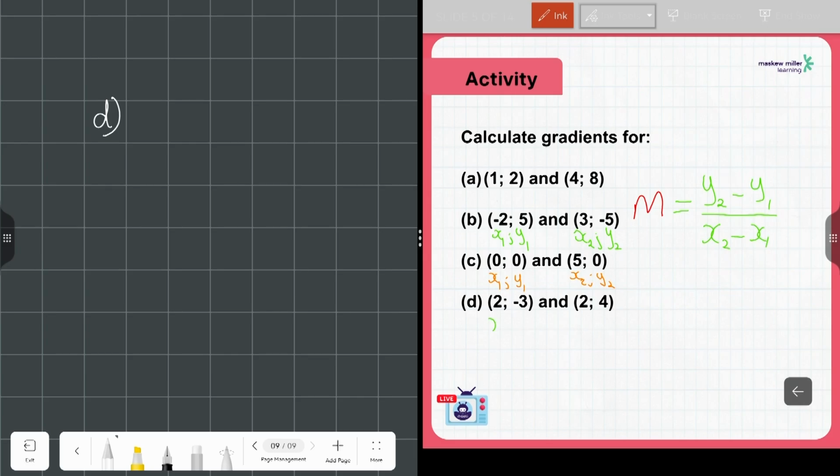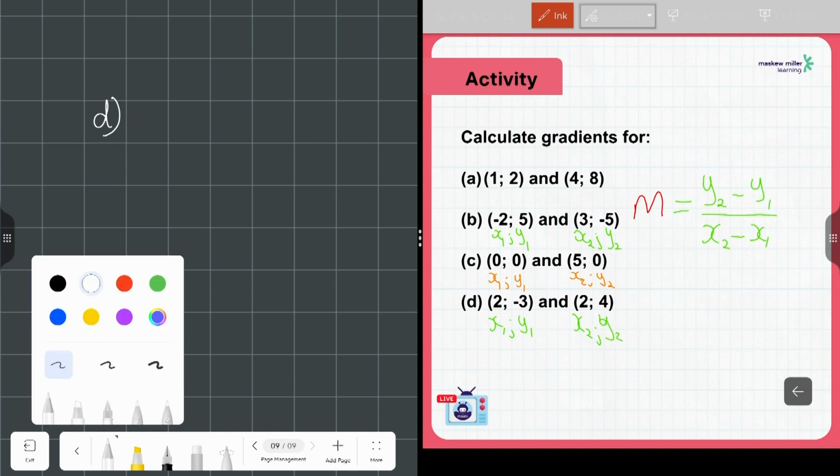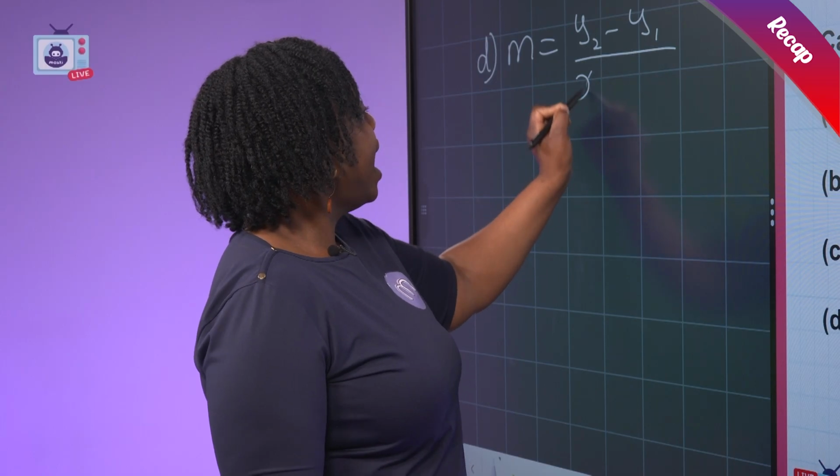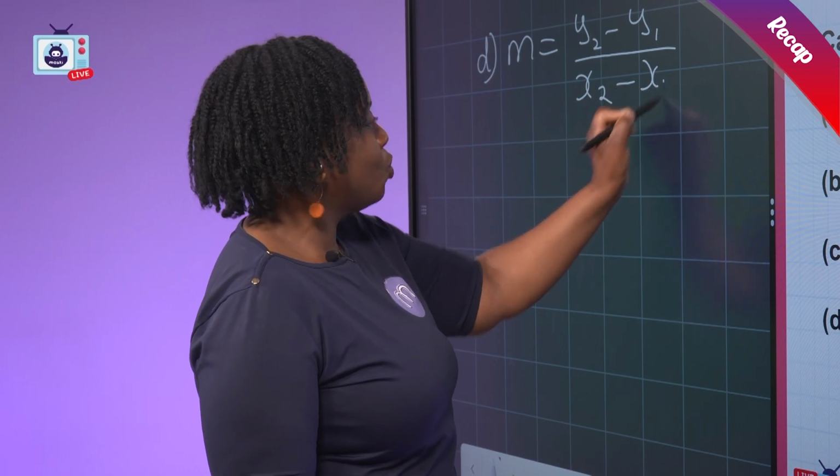So x1 is 2 and y1 is negative 3, and then x2 is 2 and y2 is 4. Right, so let's go. We have our gradient equals y2 minus y1 divided by x2 minus x1.